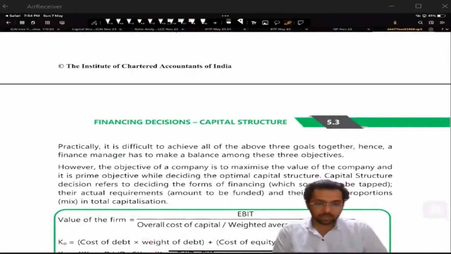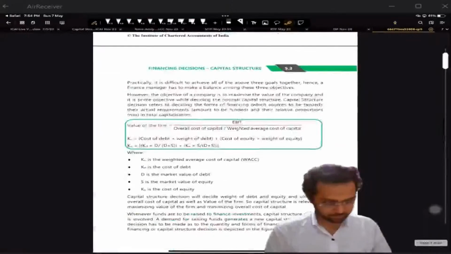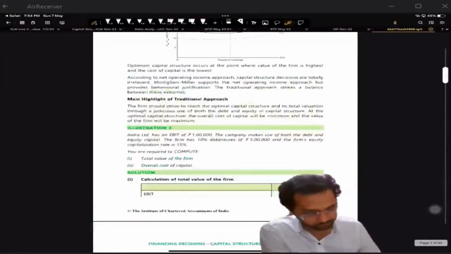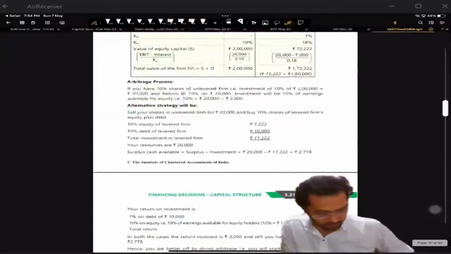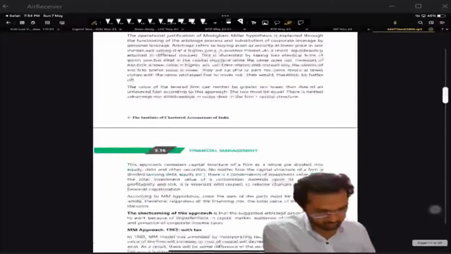Also theory, trade-off theory and pecking order theory. Yes, I'll be discussing that. Don't worry. Page 5.16. Come over there.